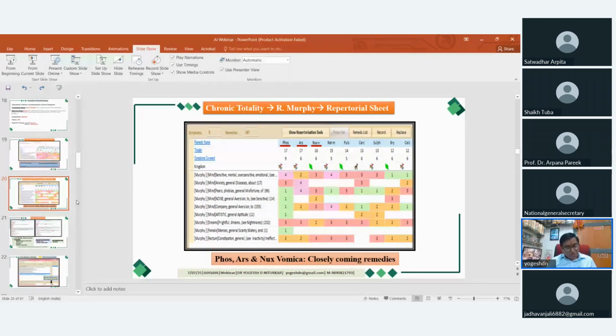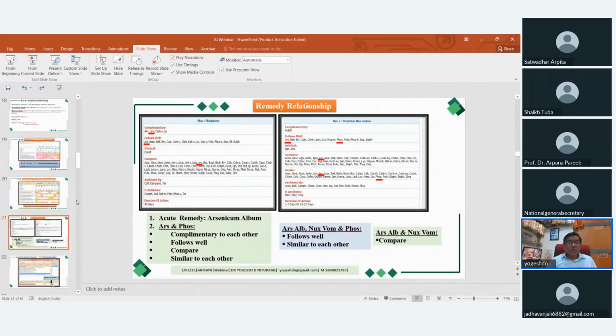It should be made a thumb rule that we repeatedly visit various materia medicas, various repertories, so that we can understand these aspects which our pioneers have mentioned in their literature, in their experiential writings. So the remedy relationship will come across in terms of the acute and the chronic remedies.